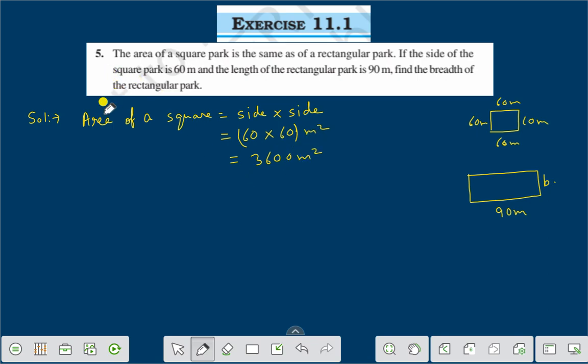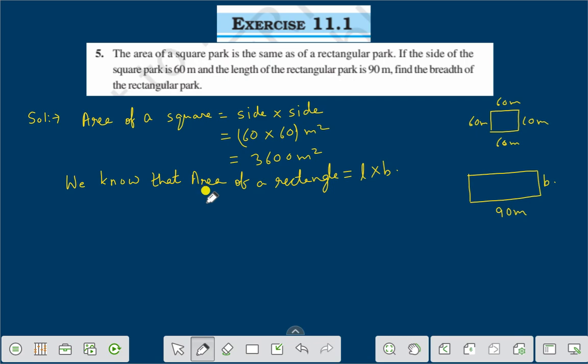It is given that area of the square is equal to the area of the rectangle, and we know that area of a rectangle is equal to length into breadth.